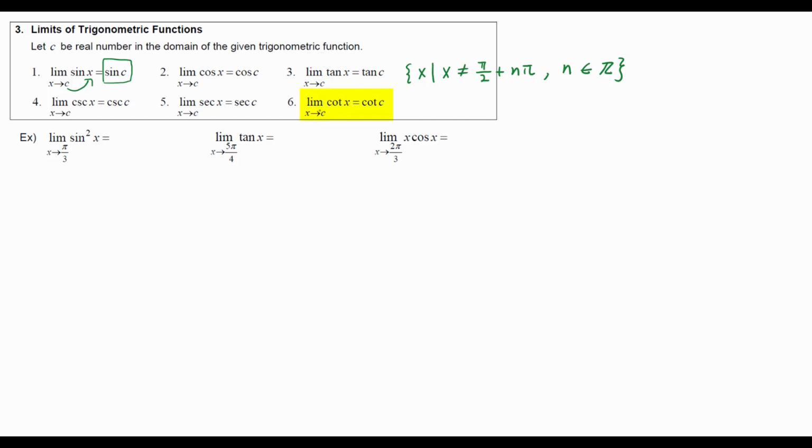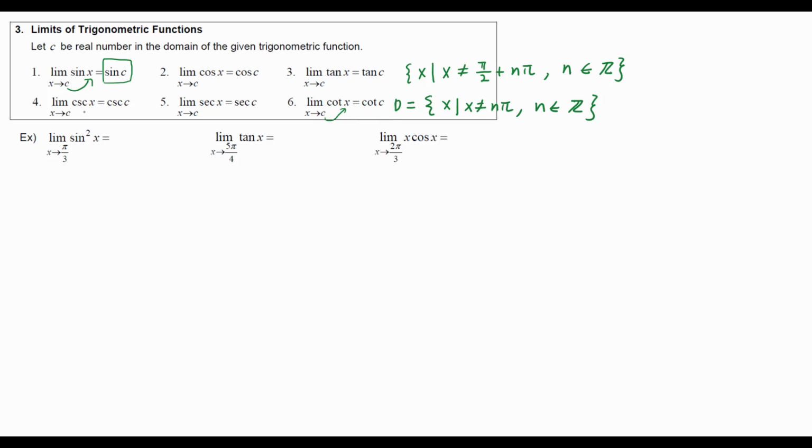What would be the limit of cotangent x? The domain of cotangent x is all x such that x is not equal to n pi, where n is an element of the integers. So as long as c is not equal to n pi, you can also plug c in for x, and the limit will be cotangent of c.